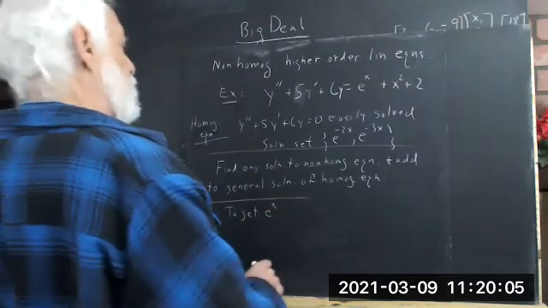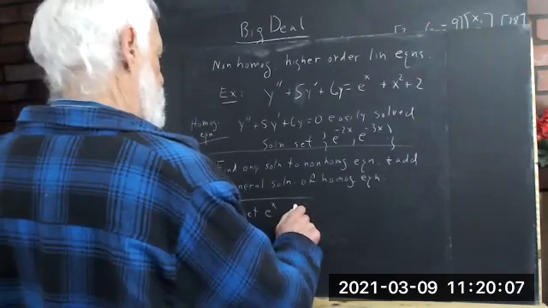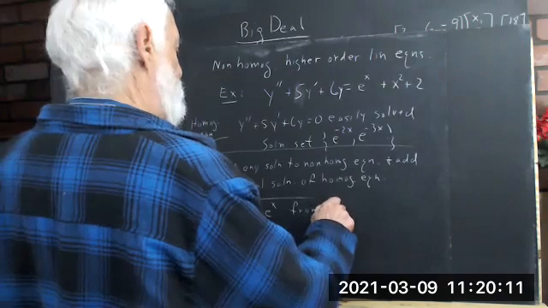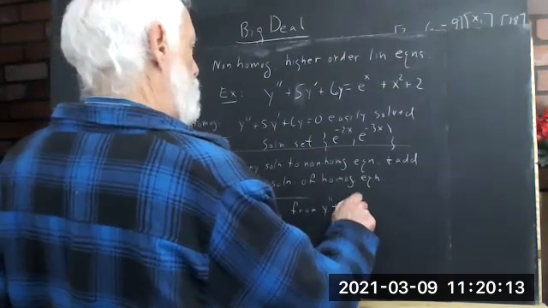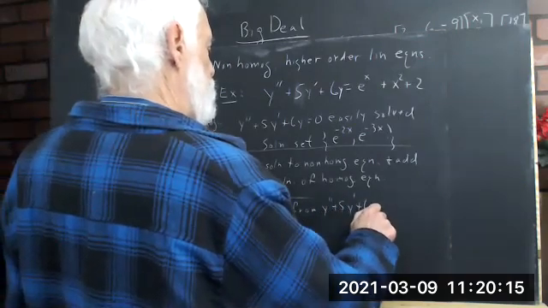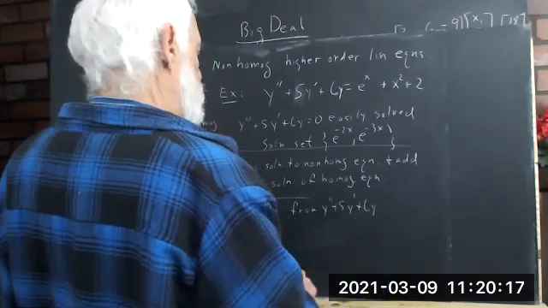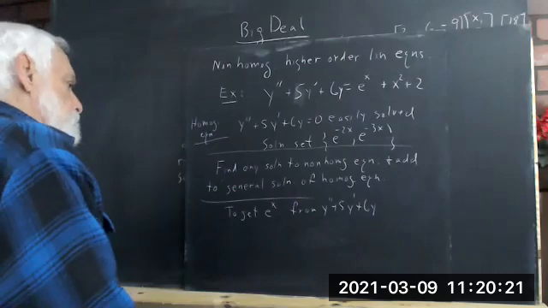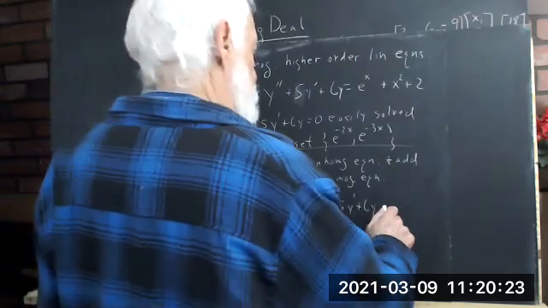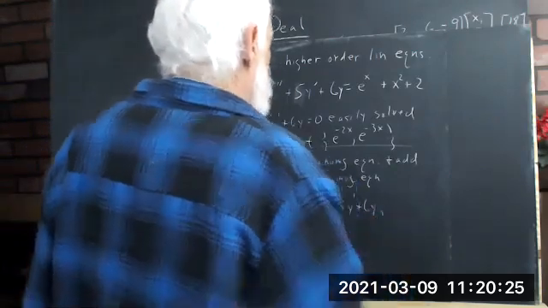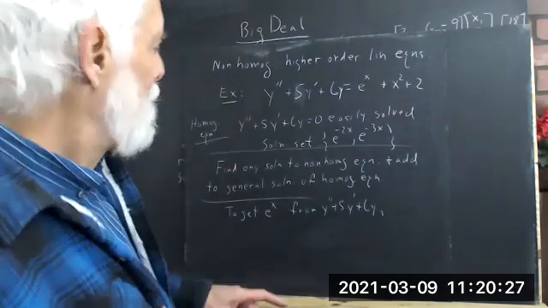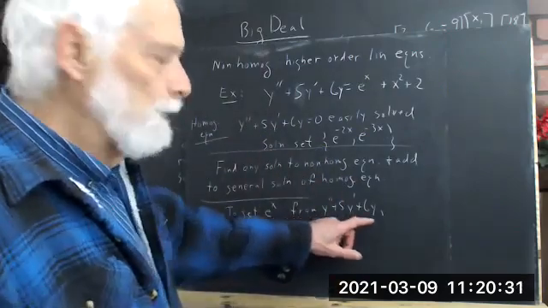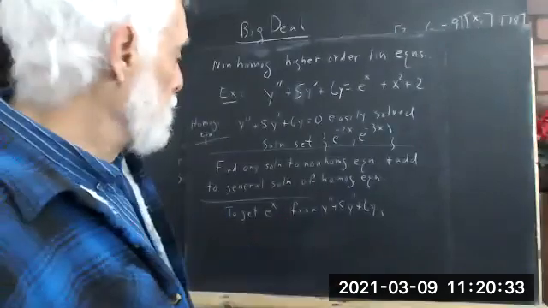To get e to the x from the left-hand side, we notice that if y equals e to the x, every one of these terms is just a multiple of e to the x.